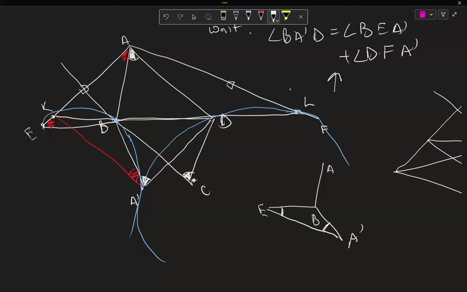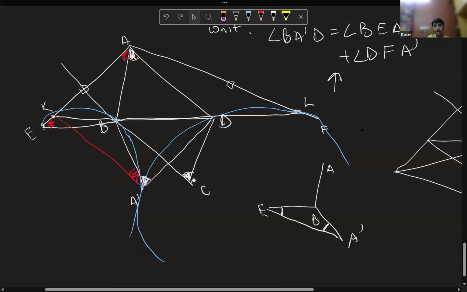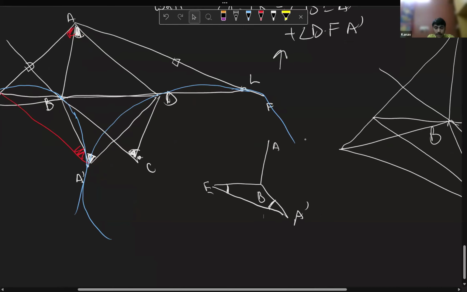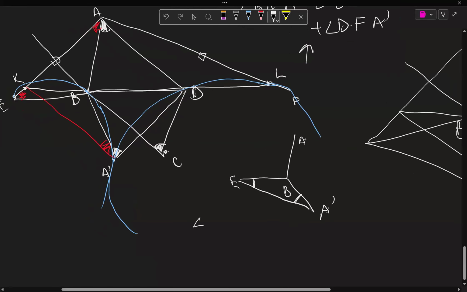But aren't we done? We know that BEA dash is equal to BAA dash, and we also know that BA is equal to BA dash. Wait. Slow down. What were you saying? BEA dash is equal to BAA dash. This is not true.